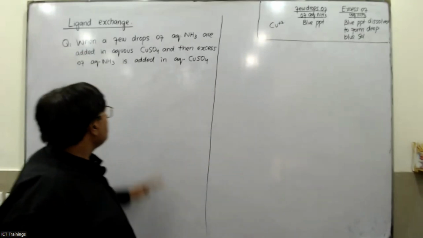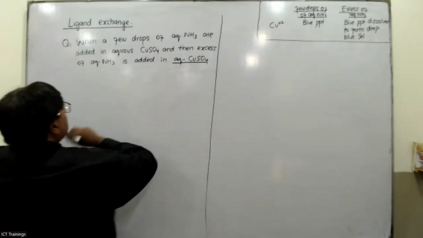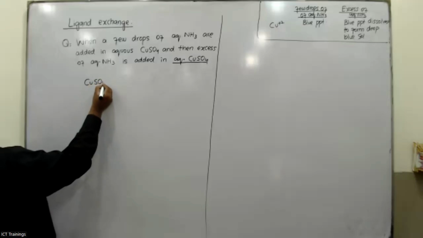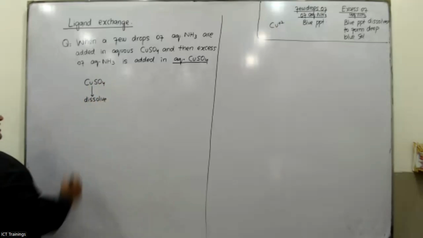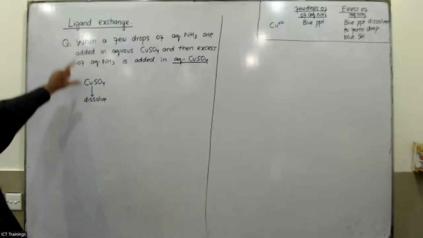Before starting this, let me tell you a little bit about aqueous copper sulfate. Copper sulfate, my dear students, if you dissolve it in water, this is just to make you understand about this question. This is not the answer of this question.